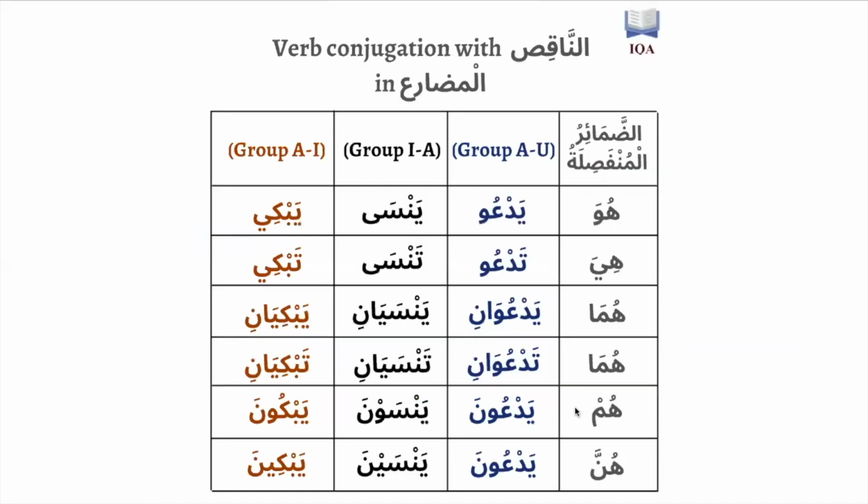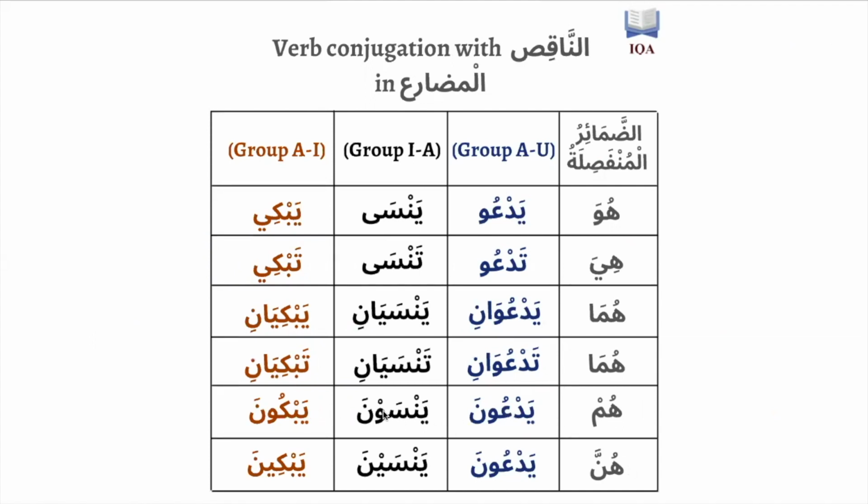So now let's see a fuller picture, if you will. يدعو ينسى يبكي، فهو فهي تدعو تنسى تبكي، فهما يدعوان ينسيان يبكيان، فهما feminine تدعوان تنسيان تبكيان، فهم يدعون ينسون يبكون.